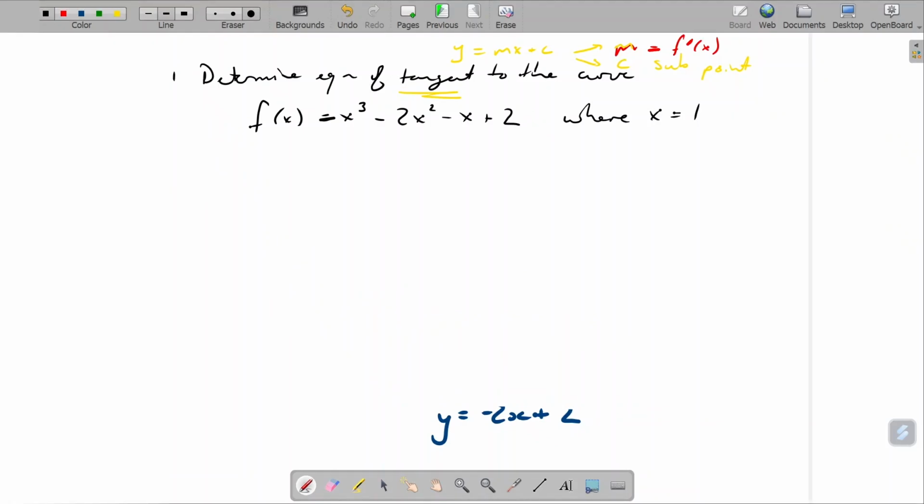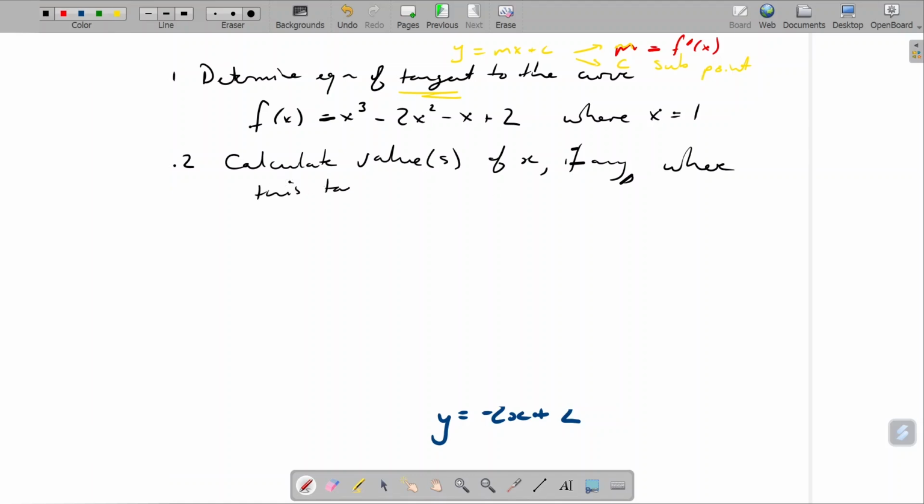The question now asks us to calculate the other value or values. Again, experience will teach you that there will be only one of them, where this tangent intersects the curve, if any.